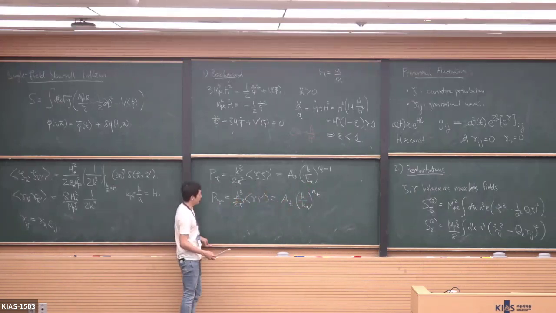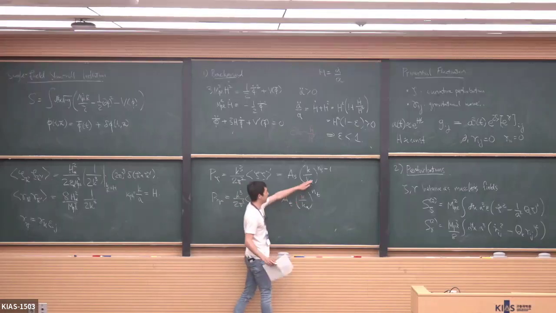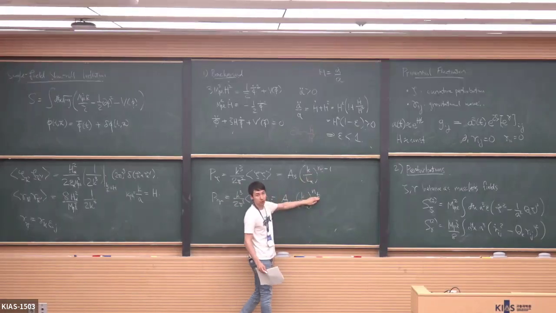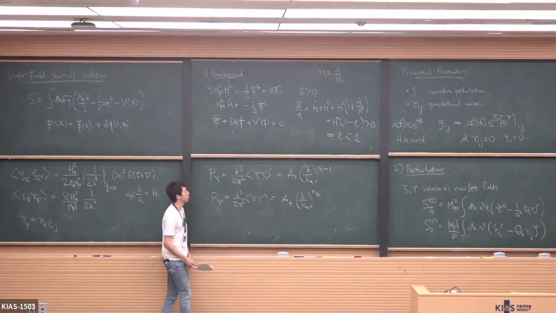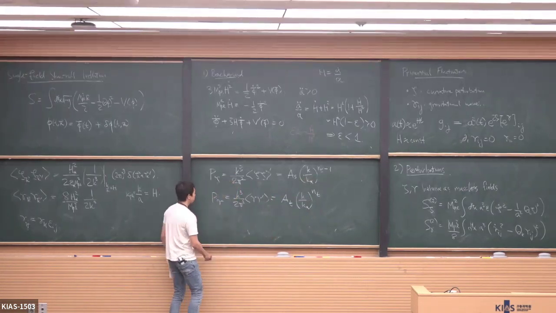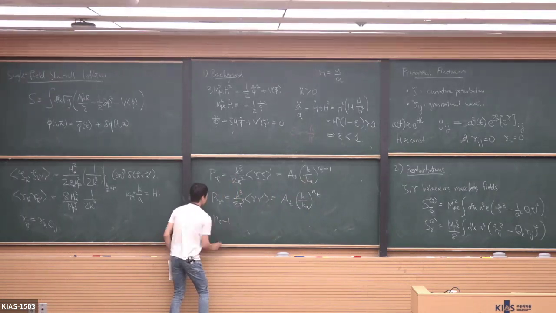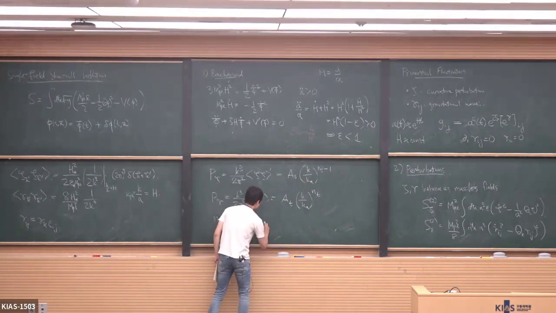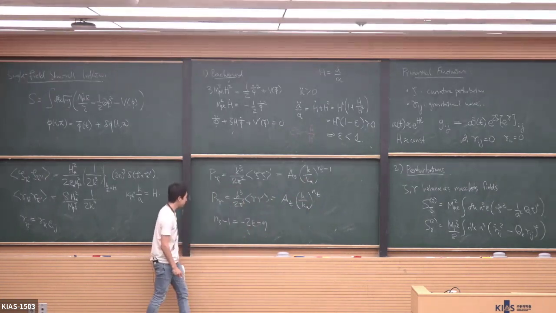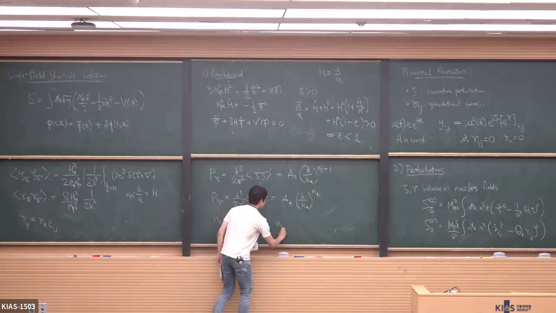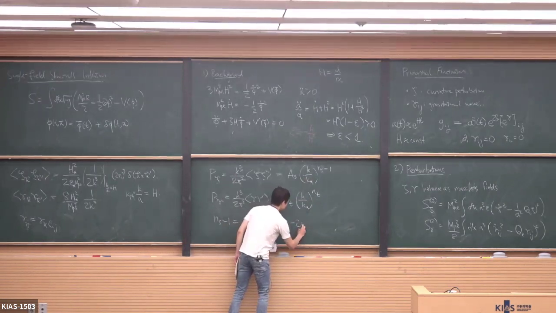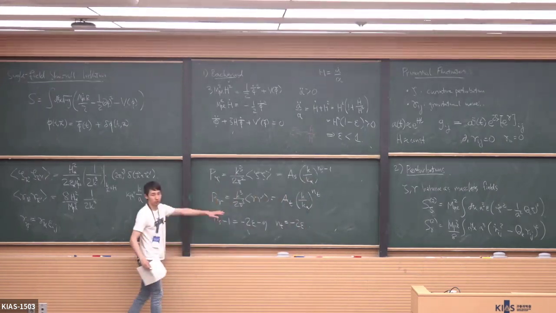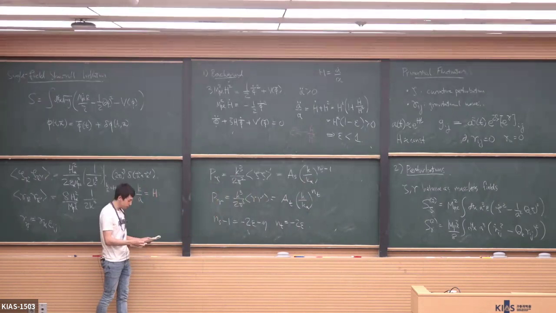In slow roll inflation, these n_s minus 1 and n_T are given in terms of the slow roll parameters that I have defined before. So n_s minus 1 is given by minus 2 epsilon minus eta, and n_T is given by minus 2 epsilon. So these are small numbers in slow roll inflation.